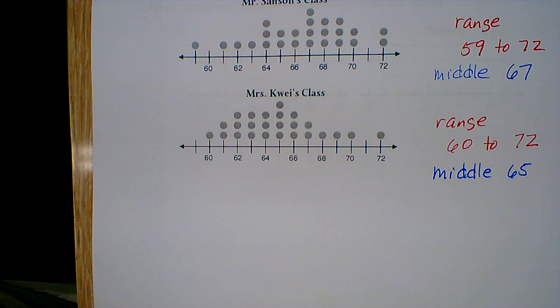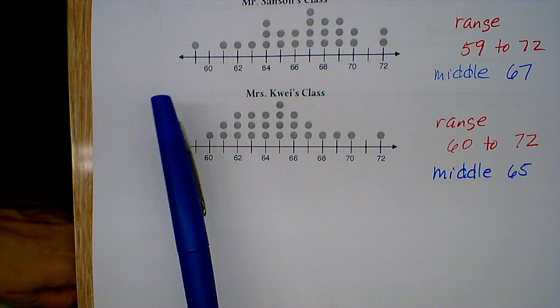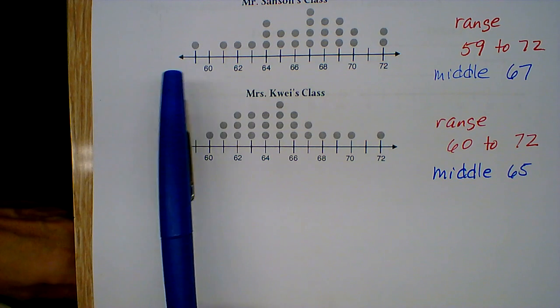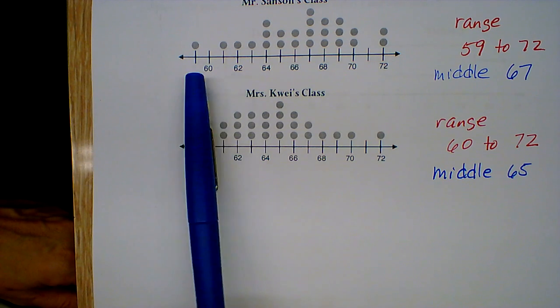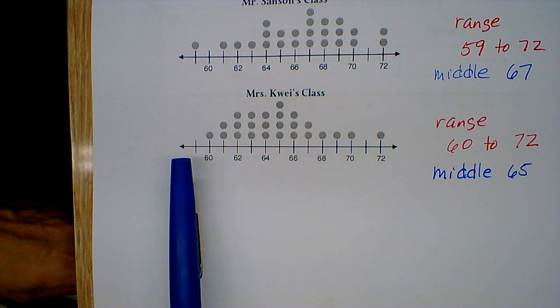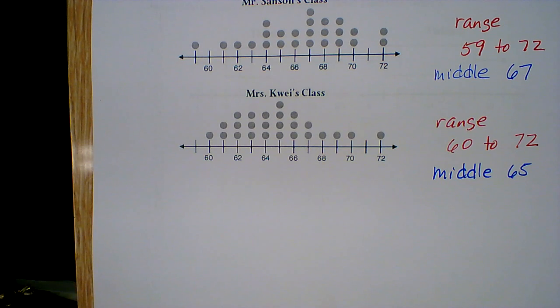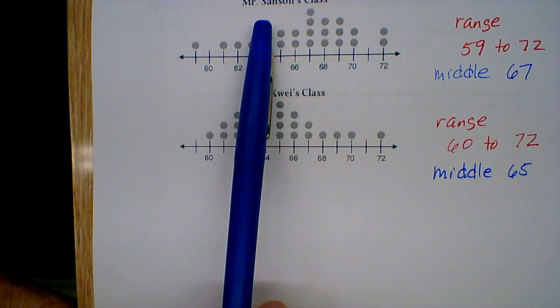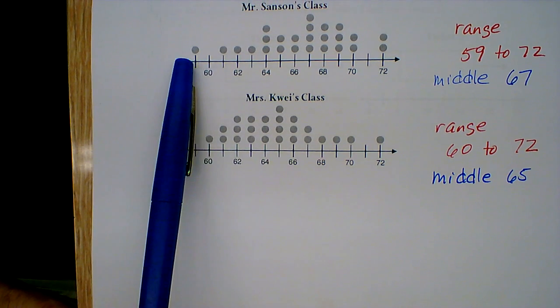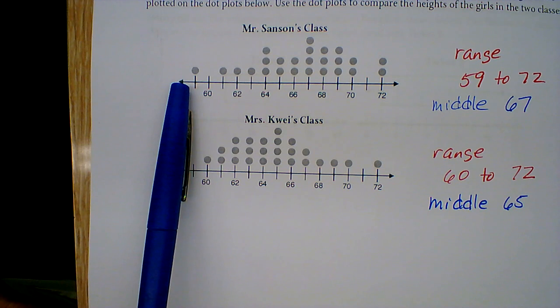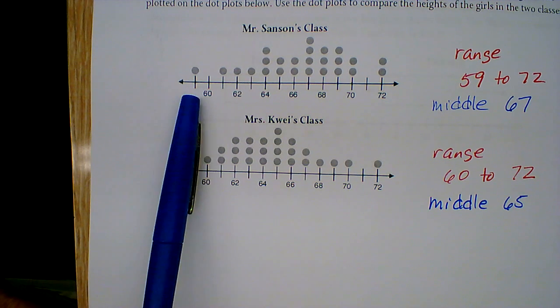Now when we compare the two data sets, we'll notice that the variation in the two sets appears to be similar. They have similar ranges. But if we look at Mr. Sanson's data, he seems to have a tail headed off this way, so we would say that his data is skewed to the left.